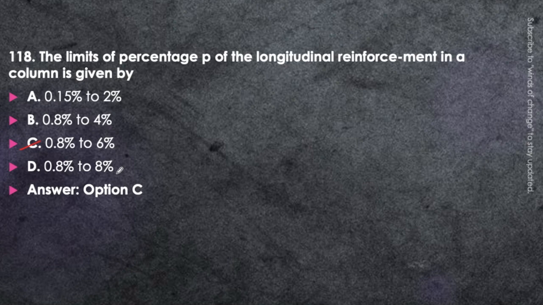In that question, the other answers were not near to any value of the real answer, so that is why 0.8% to 8% was preferred, but the actual data has to be 0.8% to 6%. So memorize it. If this value is not given, then you can go for the other option only. But if none of the above is an option, then you will prefer that one.